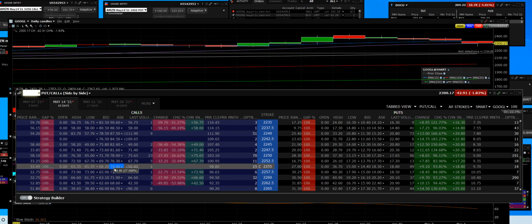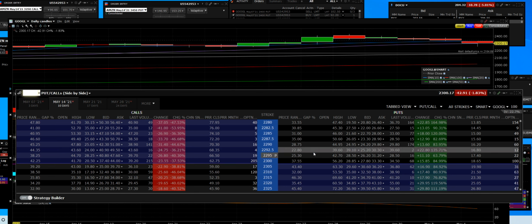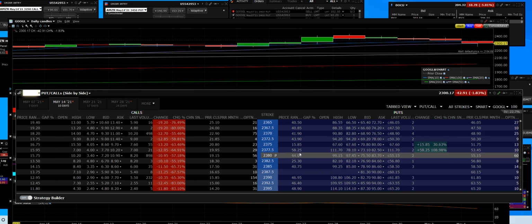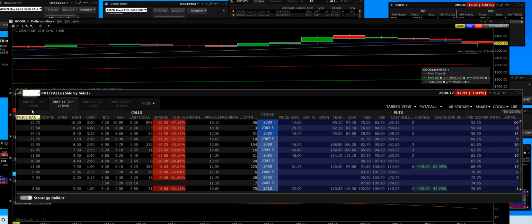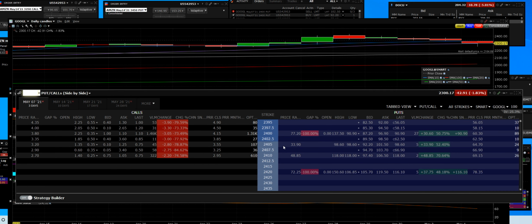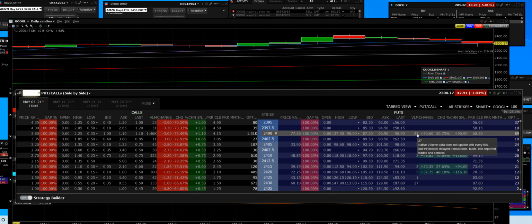And then you had a big bounce. And if the bounce fails, then the $2,400 puts are in play for May 7th, which is Friday. And that's these contracts right here, and there was 27 traded on this side.